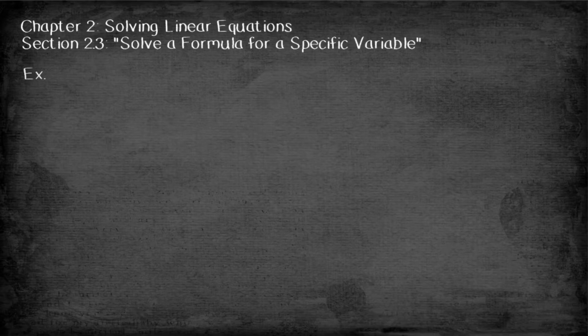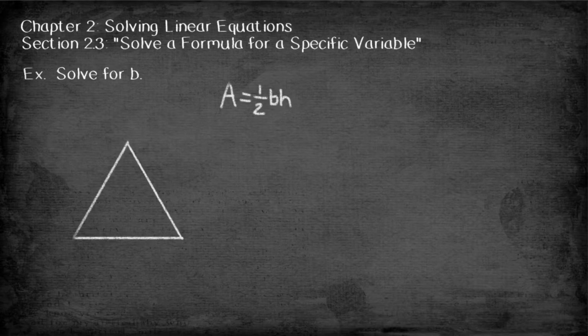All right, let's look at another example. In this formula, we want to solve for b. A equals 1/2 bh, which is, of course, the area of a triangle. So to solve for b, we want to get rid of the fractions. To do that, I can multiply both sides by 2.